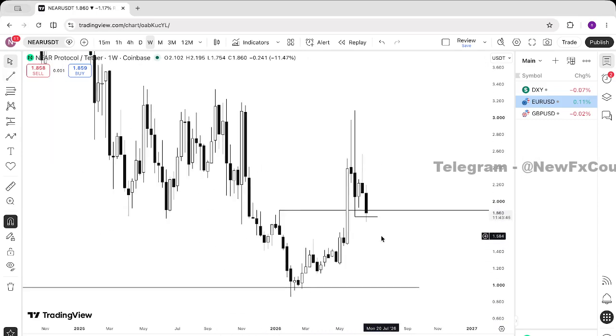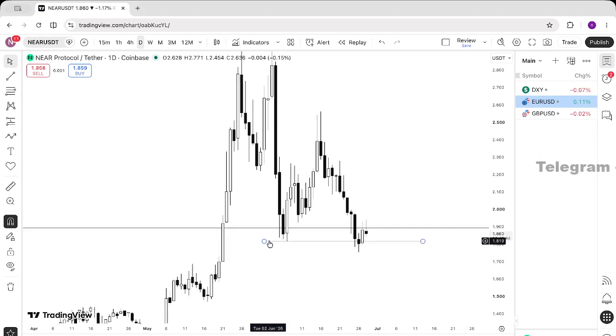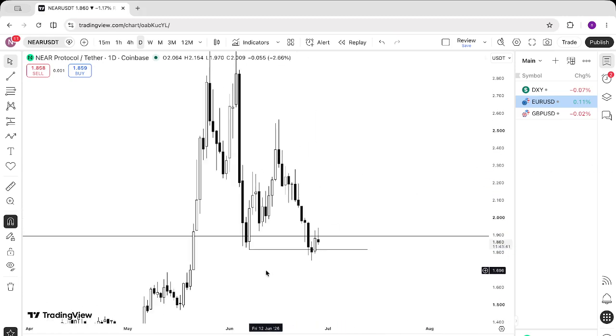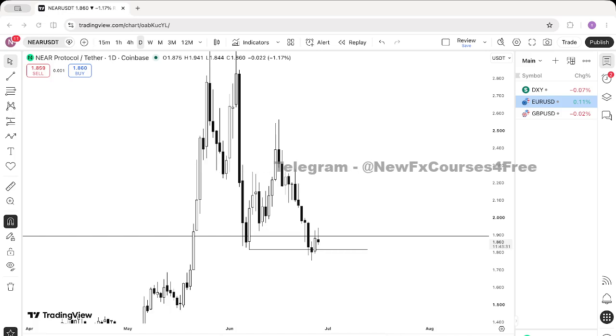Low. Yeah, looks good for a pump higher here. But again, right, especially for alts and stuff like this, they all run off of Bitcoin, right? So if Bitcoin's going to go lower, these alts are also going to go lower. So that's one thing I would say is it's important to have those in combination.